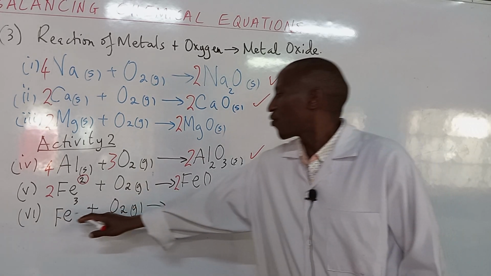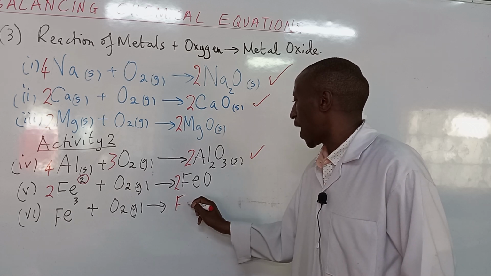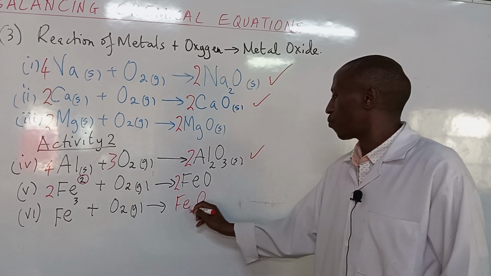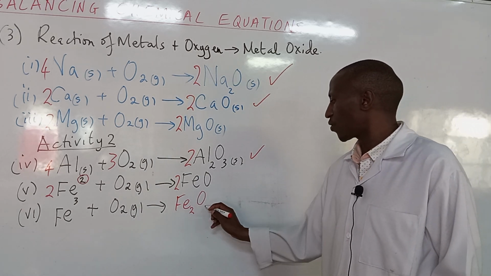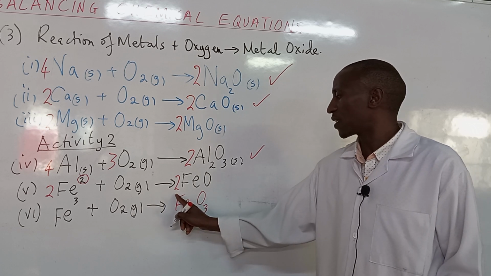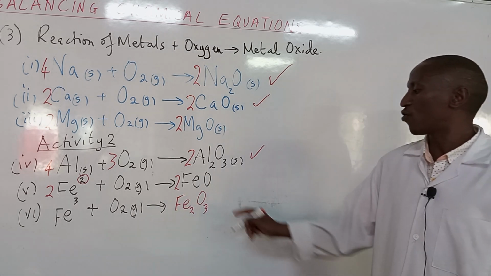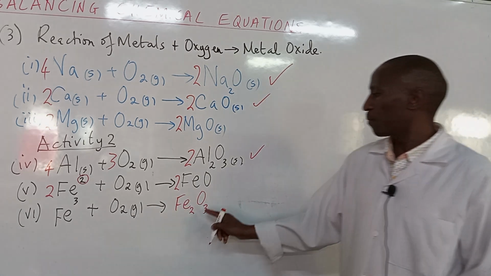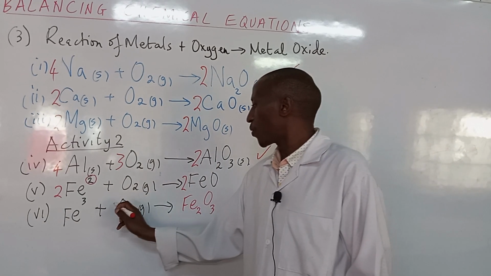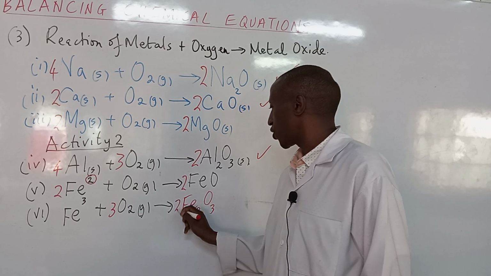What about iron 3 oxide? So we have iron and the oxygen. The valency of oxygen is a 2. That of iron 3, we bring the 3 down here, and that creates iron 3 oxide. Once more, we need to strike a balance. 3 atoms and 2. So we bring in 3 here and 2 here.